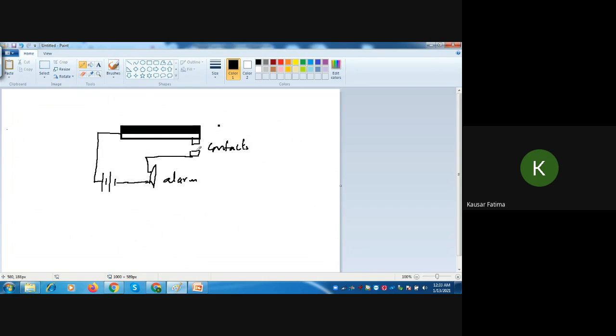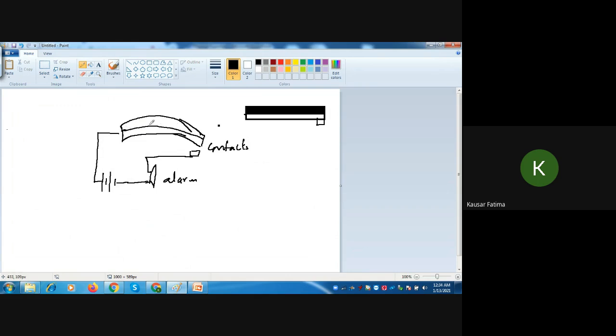So what happens when there is fire around? This will be heated up and will become curved. It has become curved.